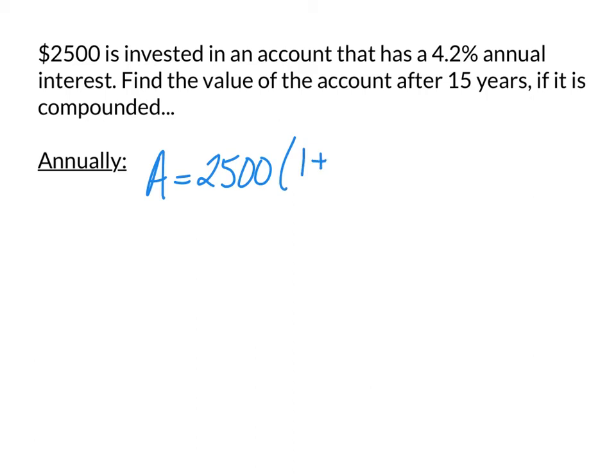We're going to add our interest rate, 4.2%, which of course we have to turn into a decimal, 0.042. Since it's compounded annually, that means it's getting compounded one time in a year. So our power is going to be the 15 years times the one time it gets compounded in each of those years.